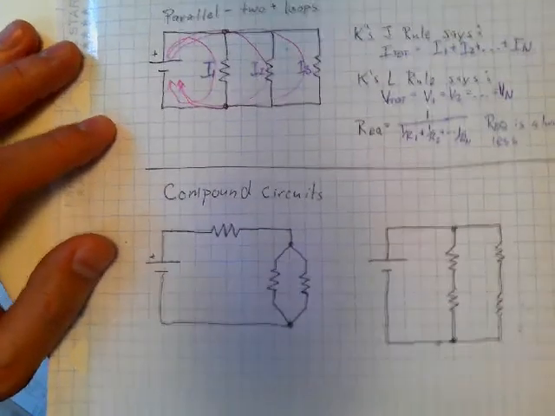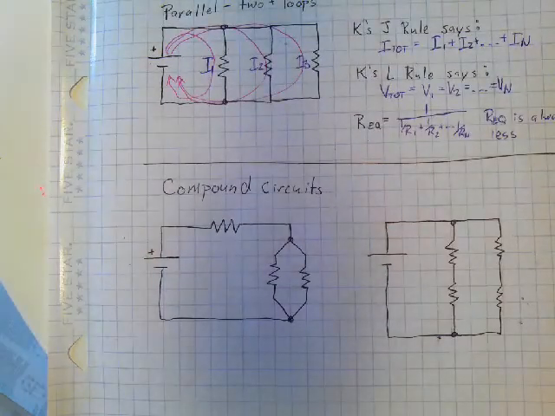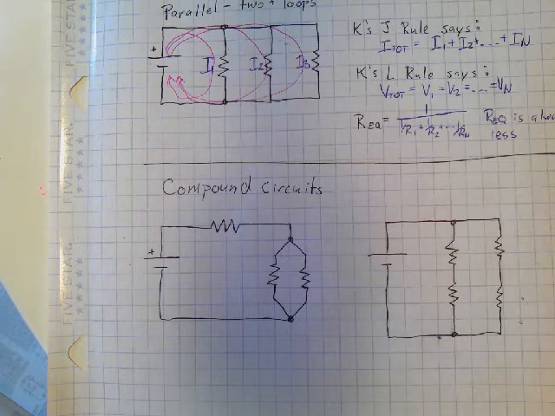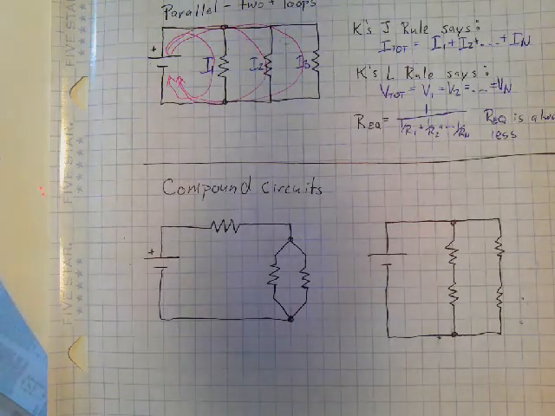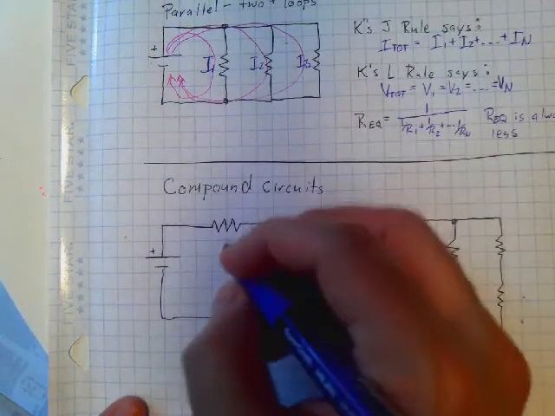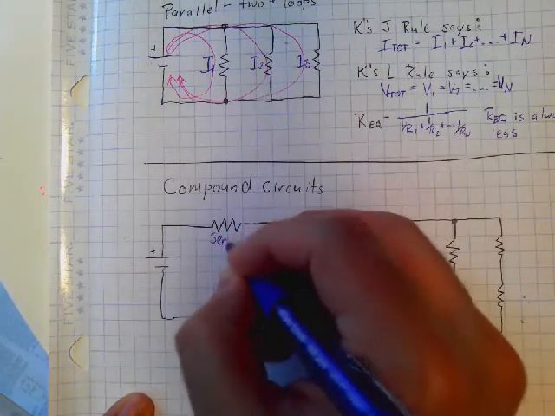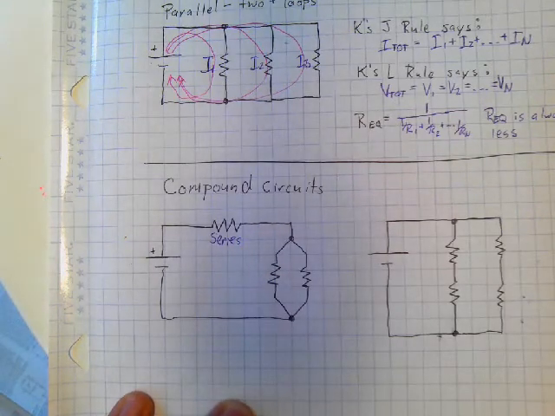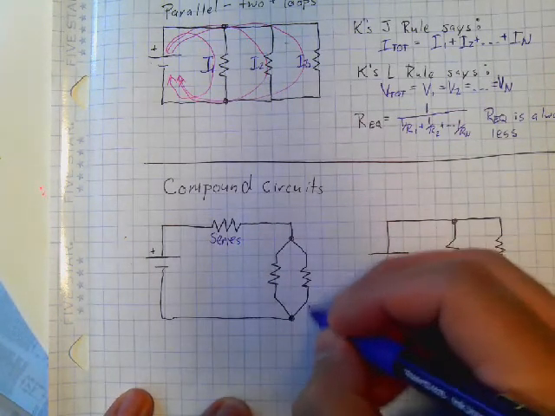Compound circuits. Compound circuits have portions that are both series and parallel. So when we take a look at this one, this resistor here is in series, and these are in parallel.